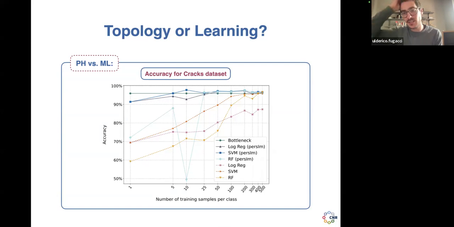In the end, they reach the results of the machine learning methods applied on persistent images, which perform with very good accuracy since the beginning. Already one sample per class is enough for achieving good results. In this graph, I also put a constant green line, which represents the bottleneck distance method, the purely persistent homology-based method. All the methods need a little bit of time to reach such results, but in the end, they all achieve a satisfying result in accuracy.